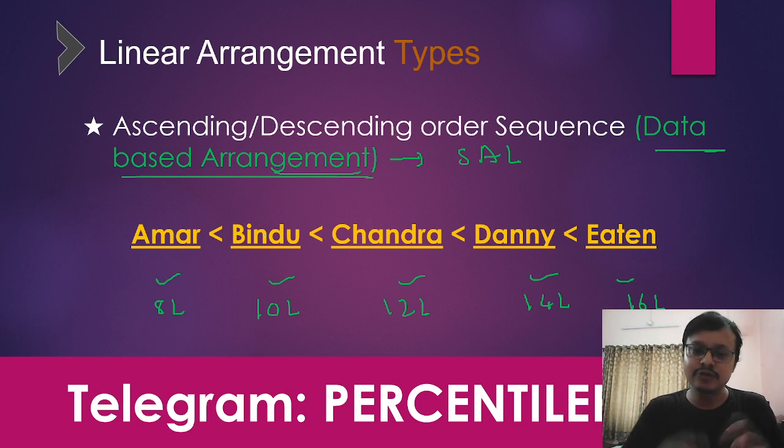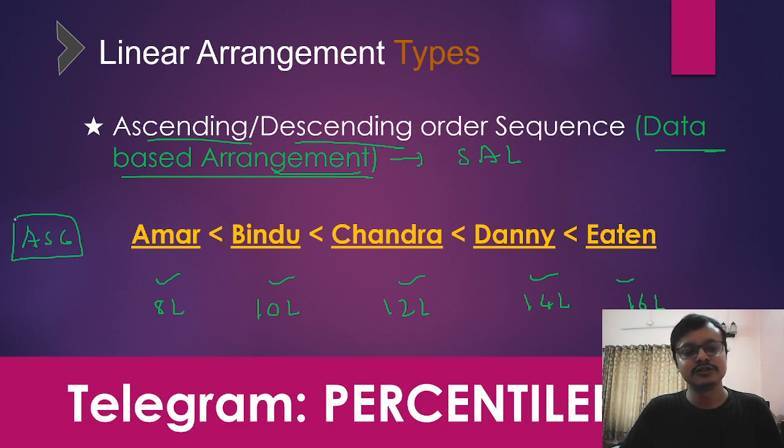So this is similar to linear arrangement. The only thing is that we are doing an ascending or descending order sequence. Here we have done an ascending order sequence, hence we've kept the less than symbol in between. Had it been a descending sequence, we'd have kept the greater than symbol in between. But again, the structure is exactly similar to linear.